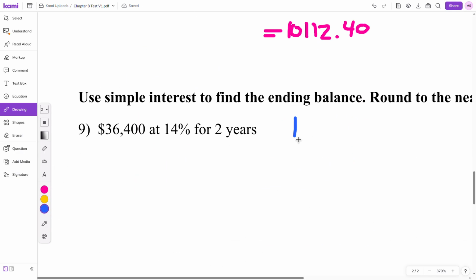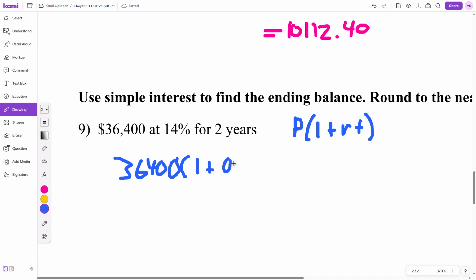Next up, simple interest. Simple interest is really easy. It's P times 1 plus RT. Same R as before, same T as before. So here we have 36,400 times 1 plus 0.14 times 2. And so that's going to be 36,400 times 1 plus 0.28.